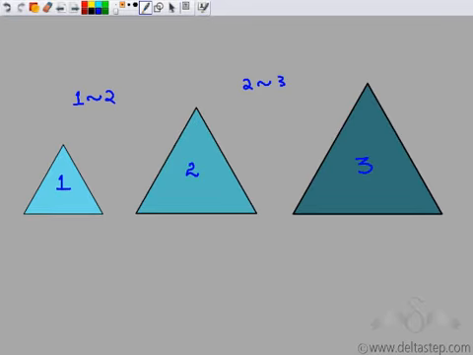Also, what I had seen is that the smallest triangle and the largest triangle were also similar. So if 1 is similar to 2 and 2 is similar to 3, what I can say is that 1 is similar to 3. So remember that in similarity, all we are concerned with is the same shape, size can vary. And if 1 is similar to 2 and 2 is similar to 3, then the first and the third are also similar.